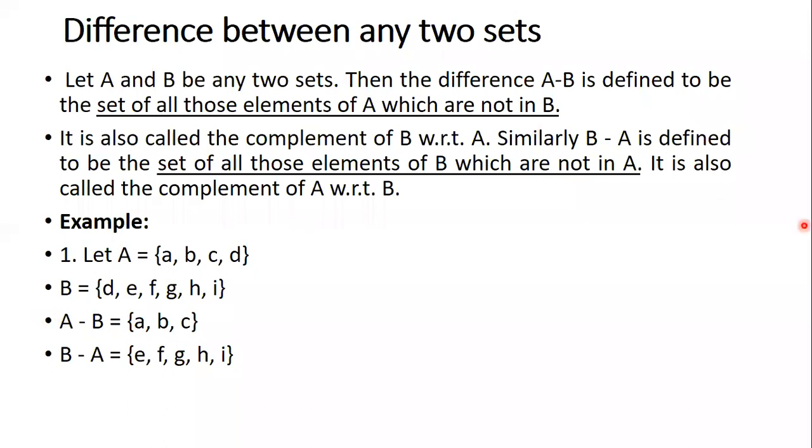So we have set A. Okay, what is set A? A, B, C, D. Simple and easy to understand. Set A is A, B, C, D, and set B is D, E, F, G, H, I. Now, what they are saying to us is, we'll have to first find A minus B. Now, what is A minus B?